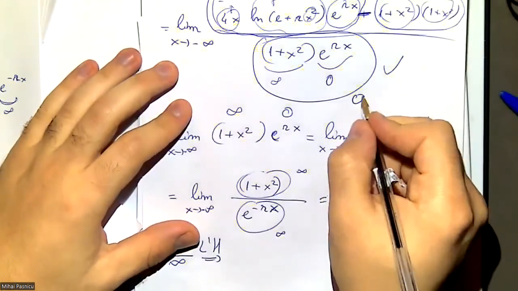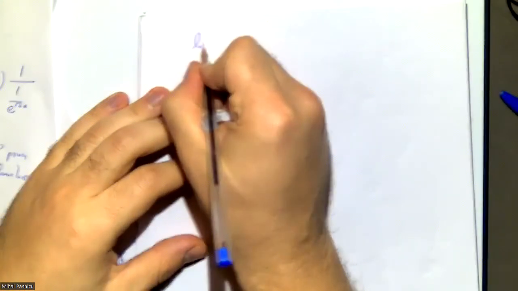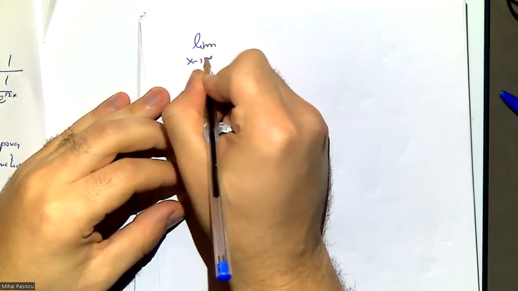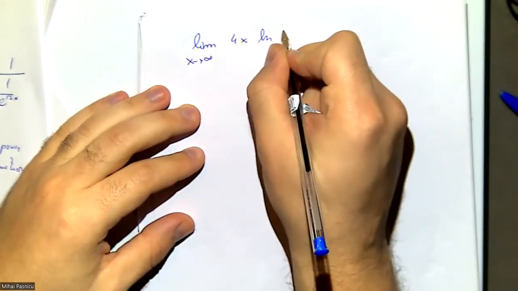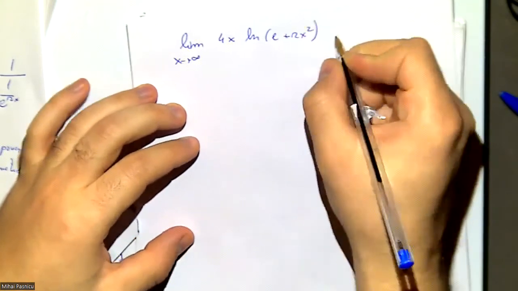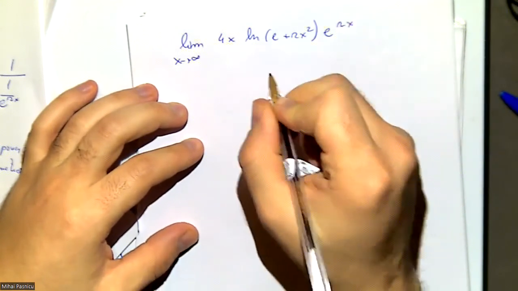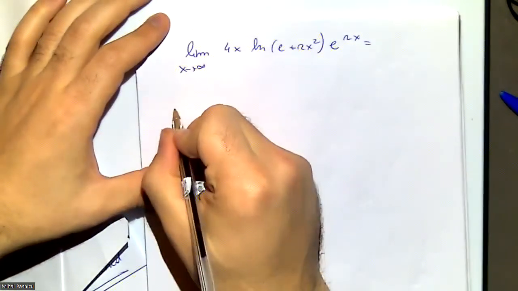So I said that I computed this, and now I have to do the last part. I have the limit when x goes to minus infinity of 4x, this ugly log thing, x squared, e to the rx. Okay, I'm going to use the exact same trick. Literally the exact one.